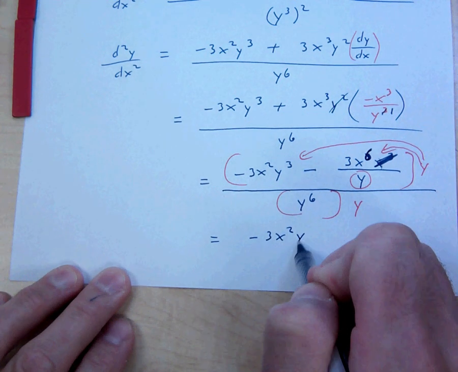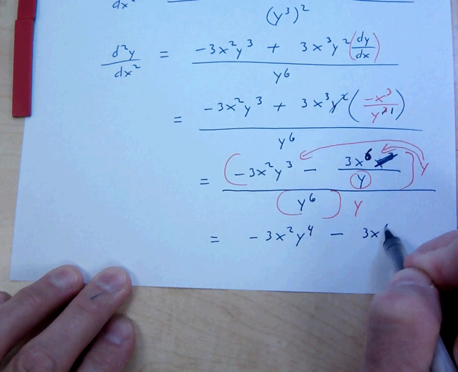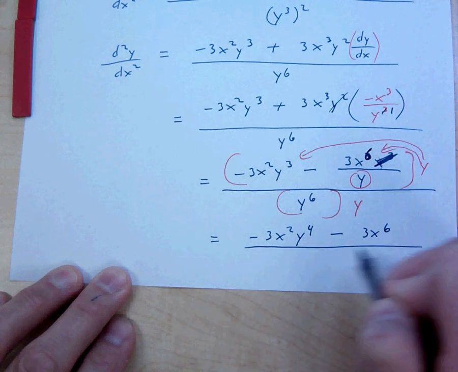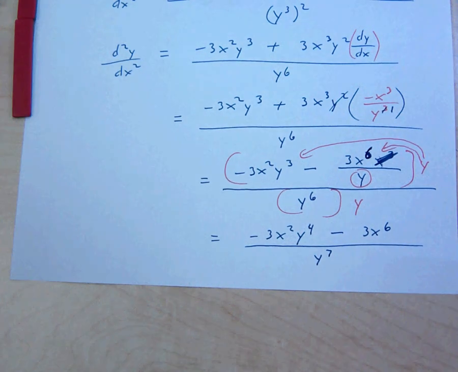It gives me y to the fourth, right? This becomes y to the seventh, right? Like I said, I'm going to need to go to a new piece of paper, aren't I? Yes? With me? Okay, so far?